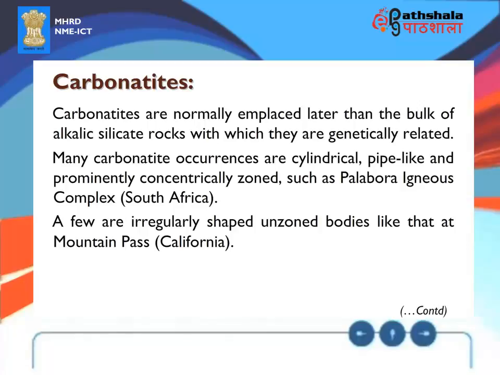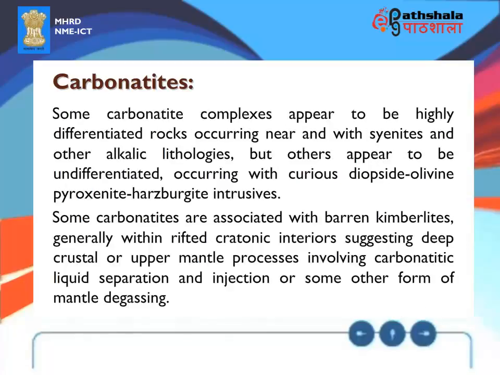Many carbonatite occurrences are cylindrical, pipe-like, and prominently concentrically zoned, such as Palabora Igneous Complex, South Africa. A few are regularly shaped unzoned bodies like that at Mountain Pass, California. Some carbonatite complexes appear to be highly differentiated rocks occurring near and with syenites and other alkalic lithologies, but others appear to be undifferentiated, occurring with cumulus diopside, olivine, pyroxenite, harzburgite intrusives.